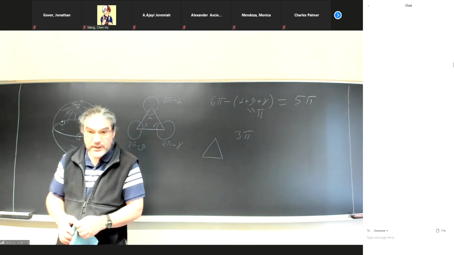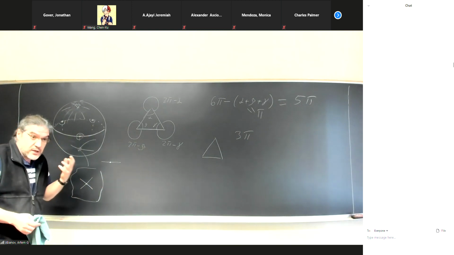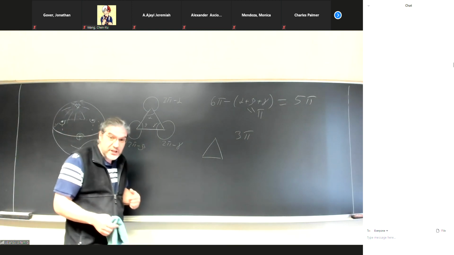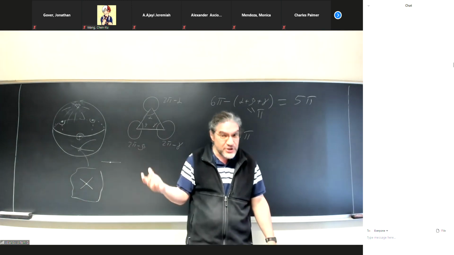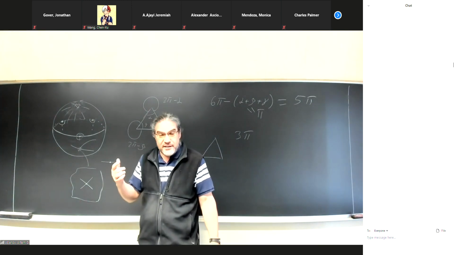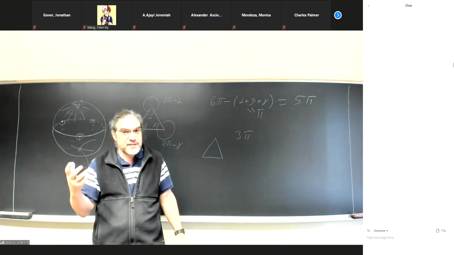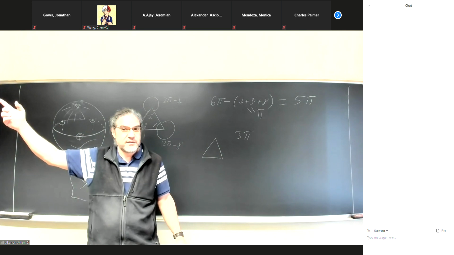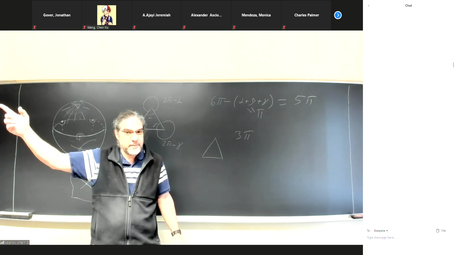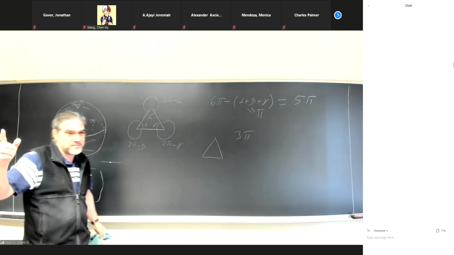Actually, if you think about it, the whole idea of what is interior and what is exterior has to involve the idea of infinity, that there is an infinitely far away point. Okay? Thank you.